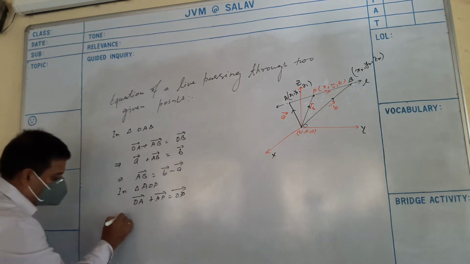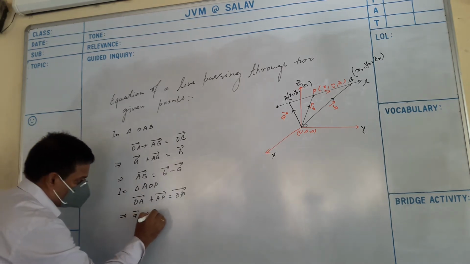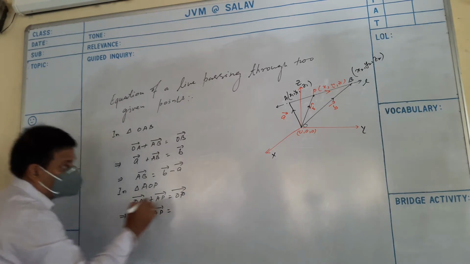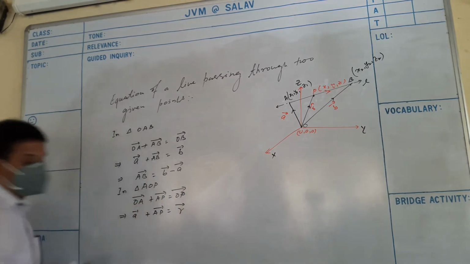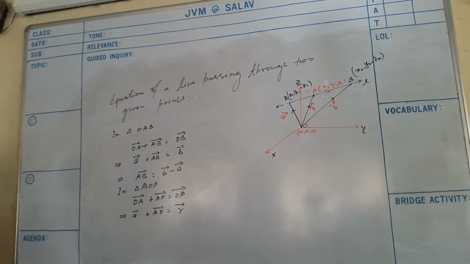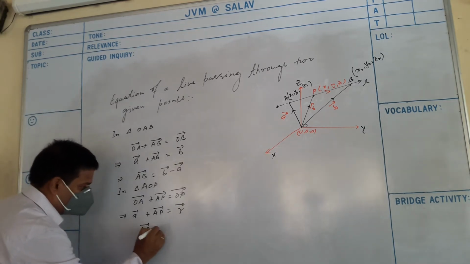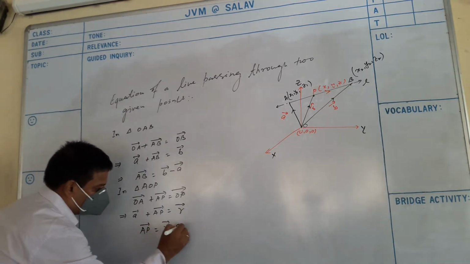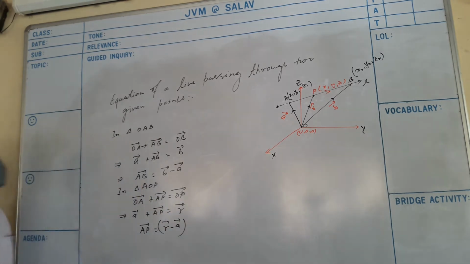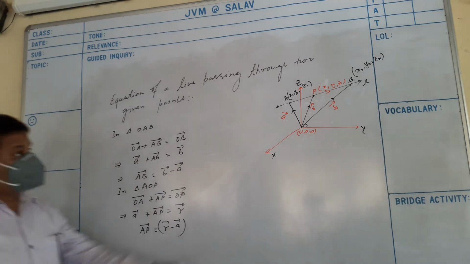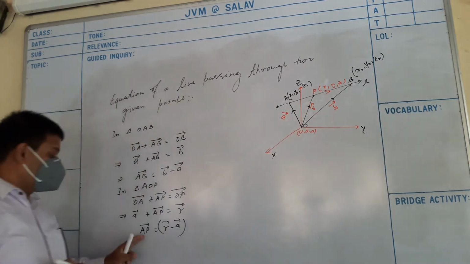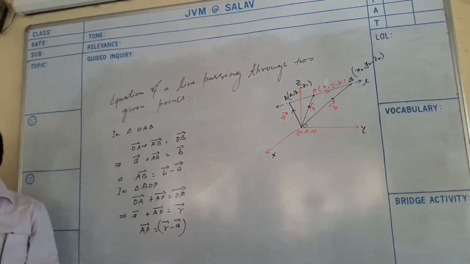So vector A plus AP is equal to vector R, since OP is vector R. So vector AP is vector R minus vector A. Any doubt? Vector AP is equal to vector R minus A.